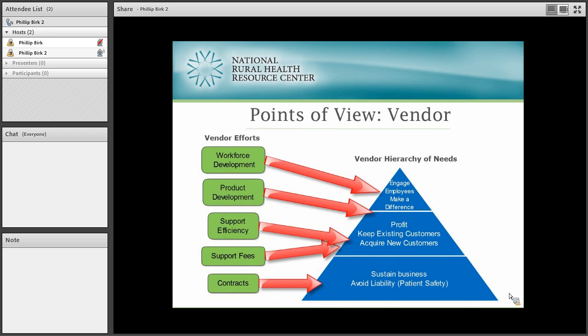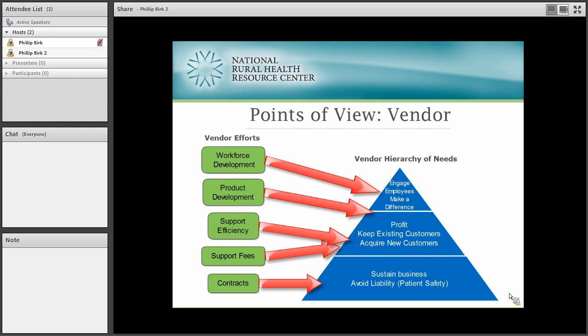So let's think about the vendor first and what their point of view is. What I kind of did here was use a Maslow's hierarchy of needs concept. At the bottom, at the core, their existential need is to sustain their business and avoid liability.